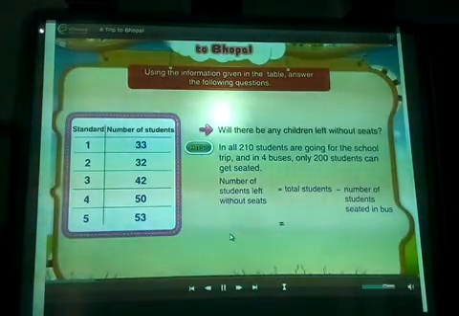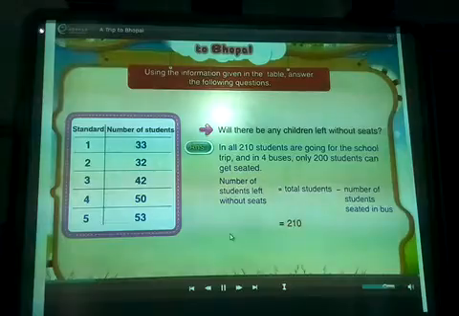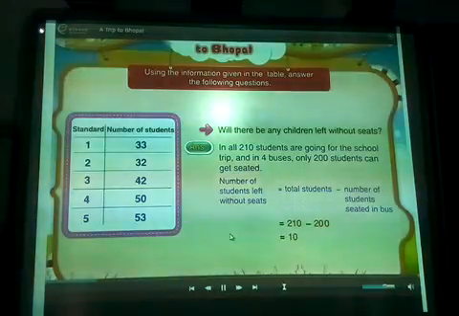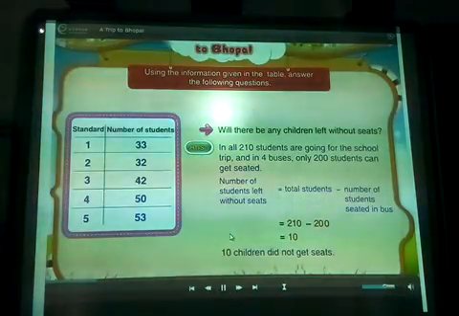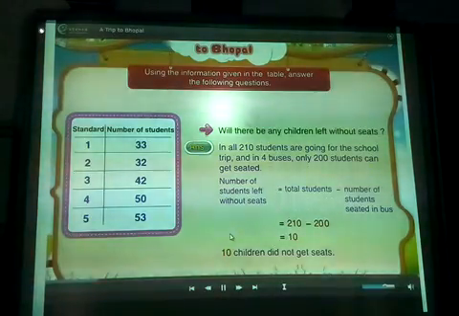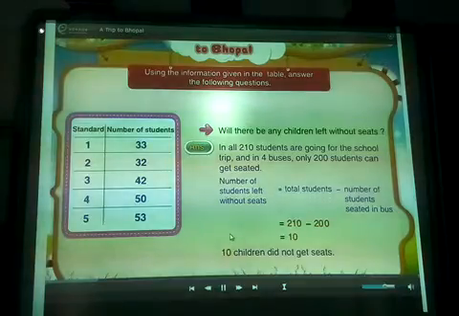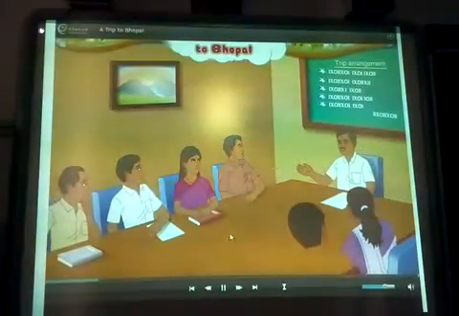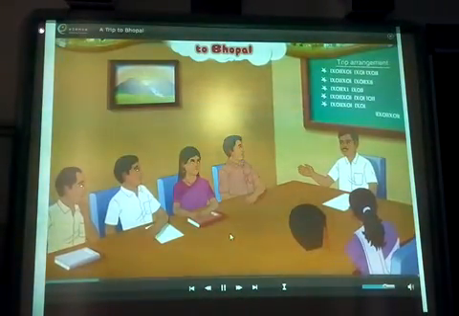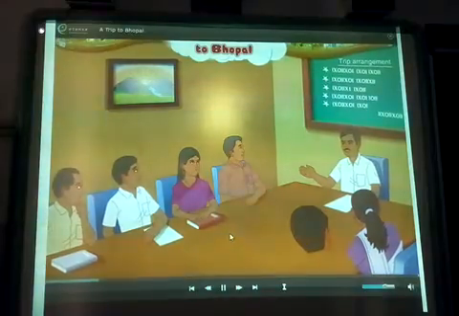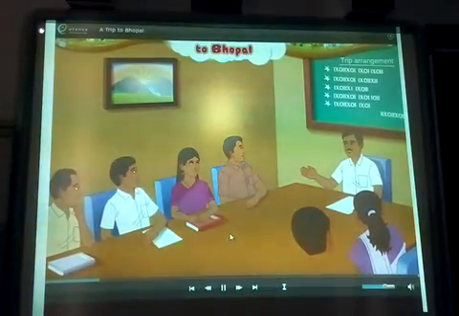That is equal to 210 minus 200, which is equal to 10. The school authorities decided that just for a few children, we can't get another bus. We can share seats. This solution is good and convenient.